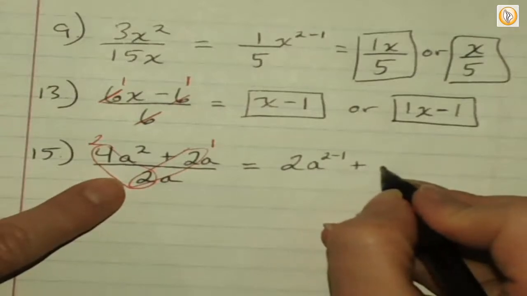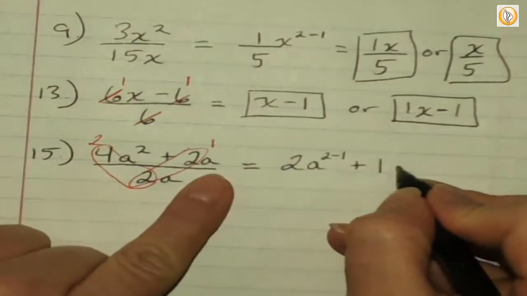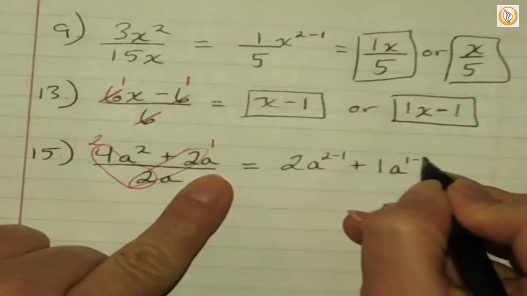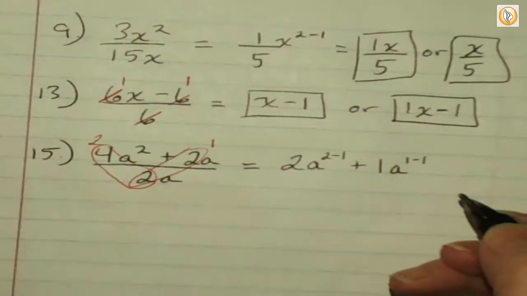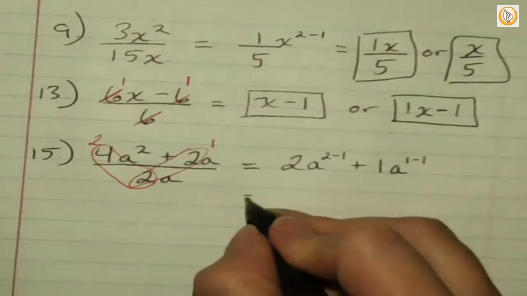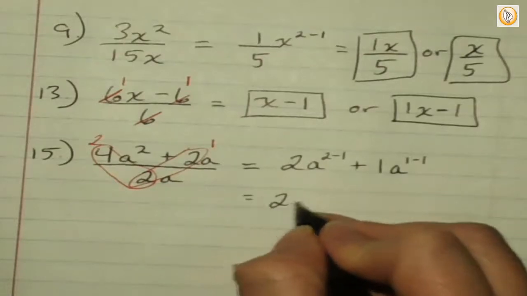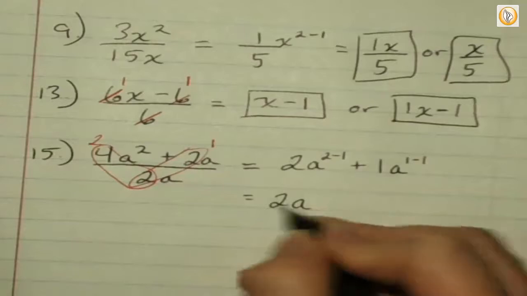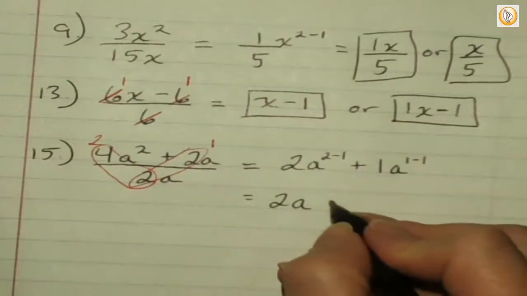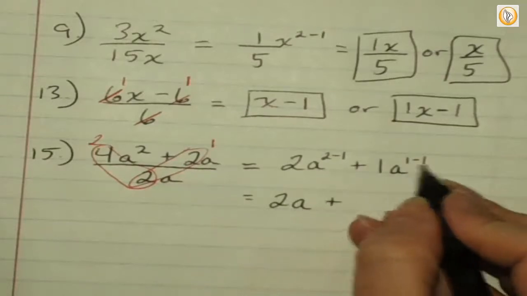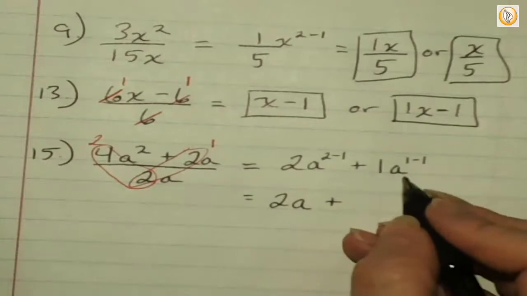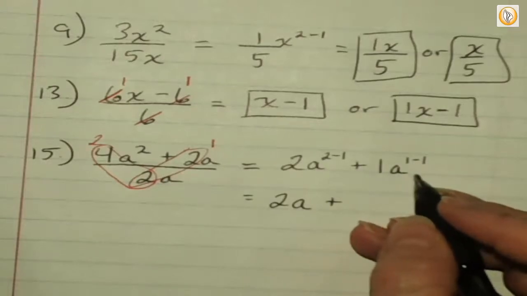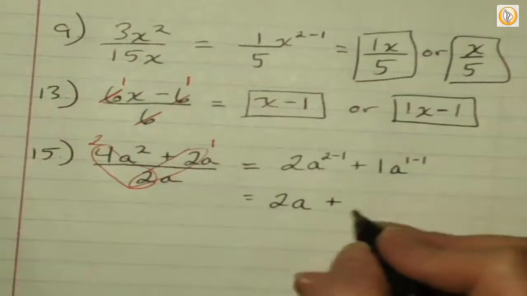Plus, this would be 1, a 1 minus 1, right? Correct? Yes. Okay, then this becomes 2a, just 2a, correct? Yes. What does 1 minus 1 be? 0. And then what does a to the 0 power give you? 1.